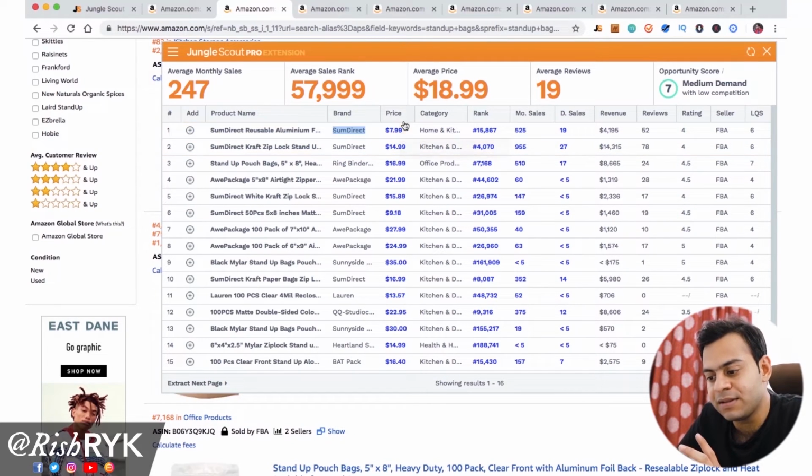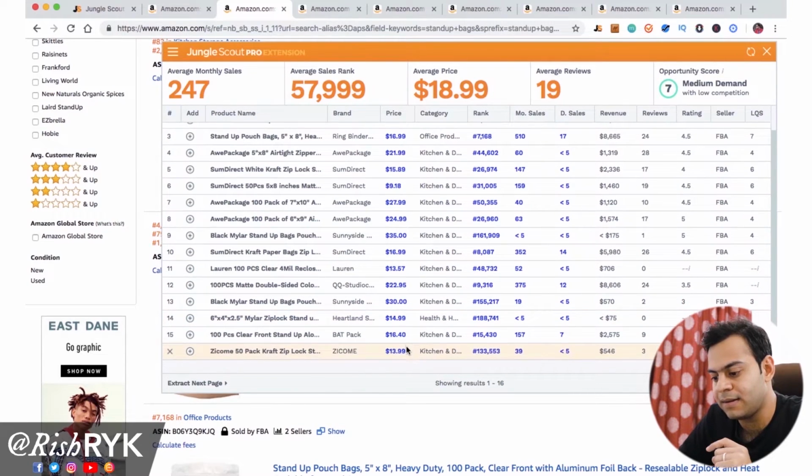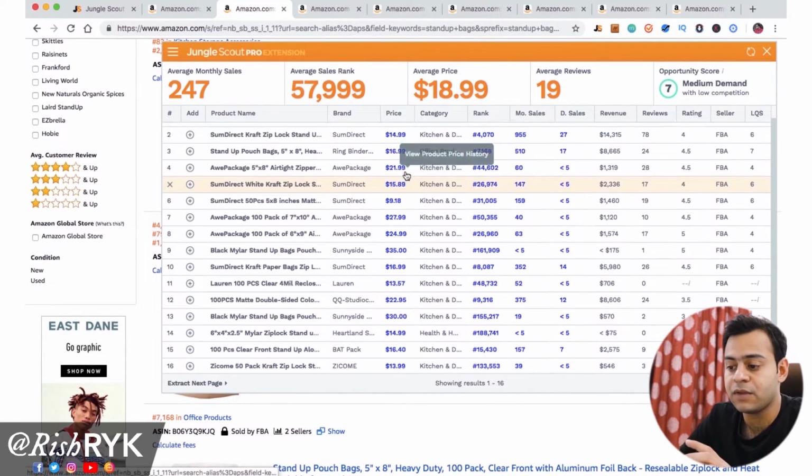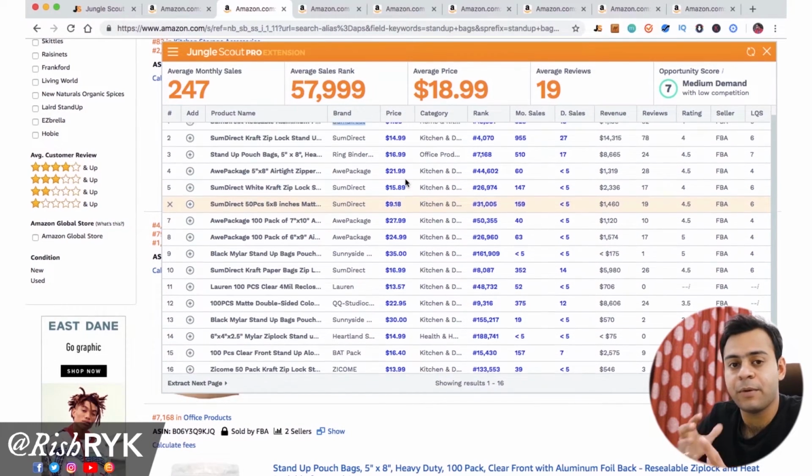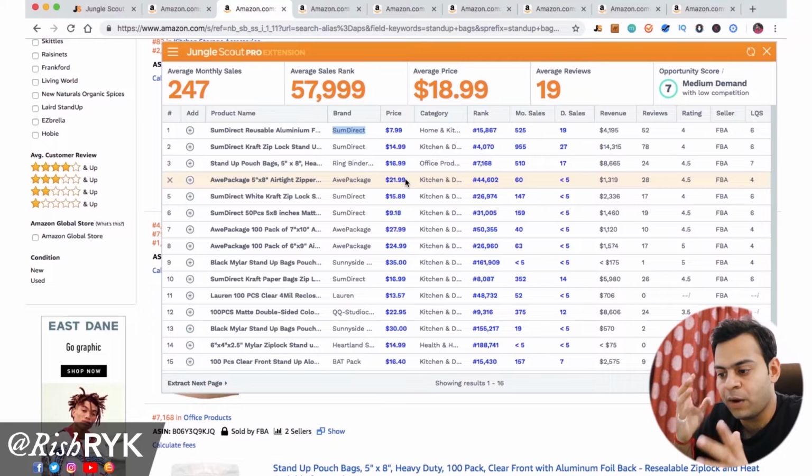As you can see over here, this seems to be failing that thumb rule, because not just one, but 1, 2, 3, 4, 5, 6, 7, 8, 9, and 10 of these 16 products are priced under $20.